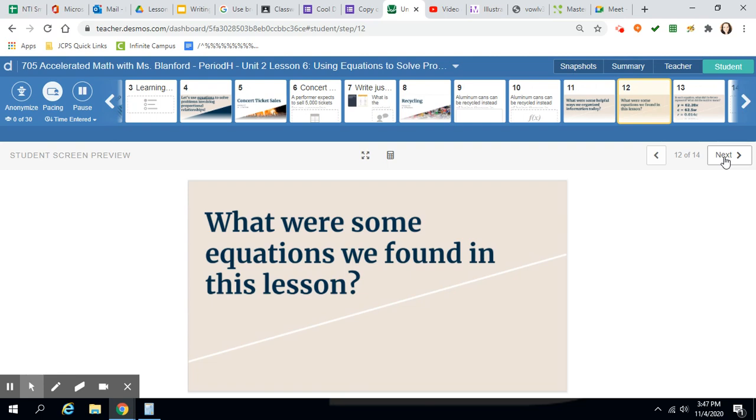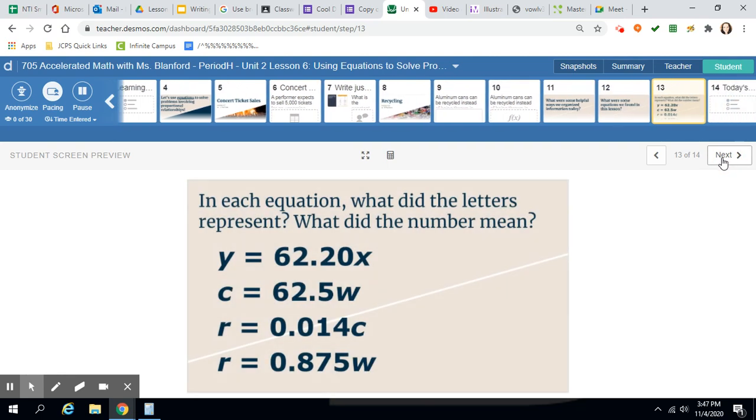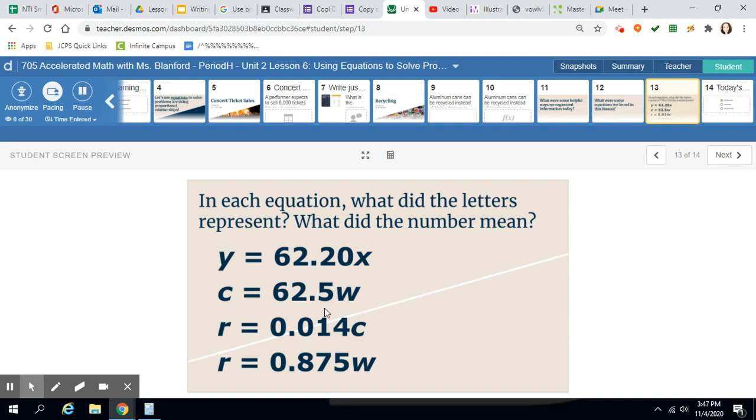What were some equations that we found in the lesson? Well, we looked at the equation that the value of the cans was equal to 0.014 times the number of cans. That was the last one we had done.